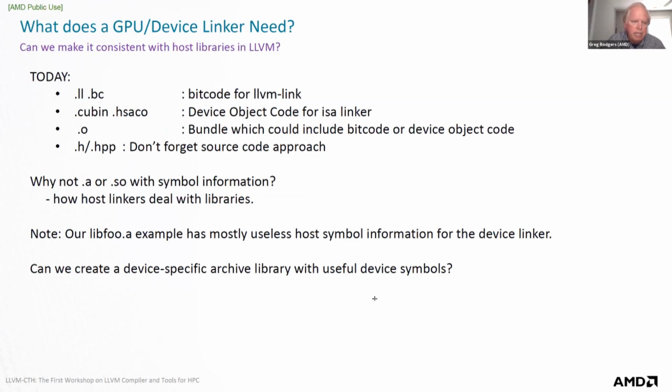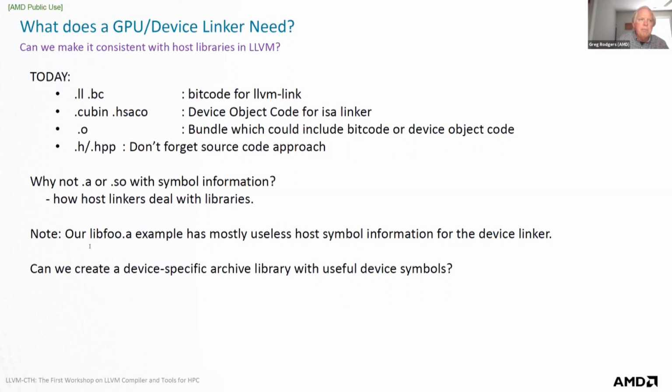In the case of AMD, it's called the HSA code object. We could even just today give the .o file to the linker, and it turns out the current Clang toolchain knows about this and will actually unbundle it. But also don't forget, a lot of people do this today, they put their library or their code that they want in source form as a .h or .hpp file. So why can't we use a .a or shared object with the symbol information for devices? Because this is what the host linkers are doing.